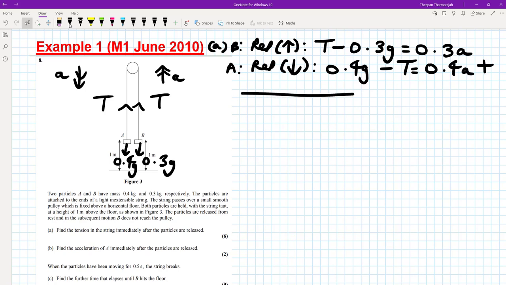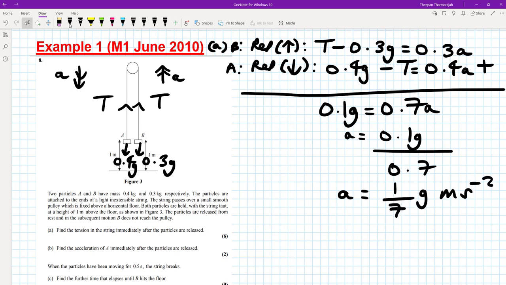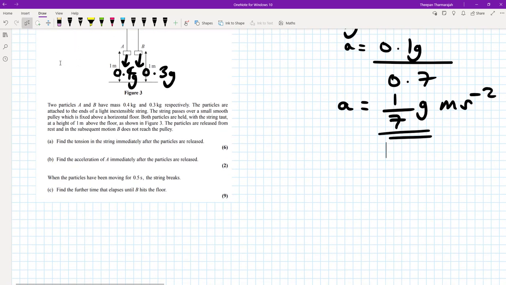Standard simultaneous equations, add them together, so we get 0.1g equals 0.7a. So a equals 0.1g over 0.7. So a is going to be 1/7 g meters per second squared. Now to find the tension, we're just going to substitute.